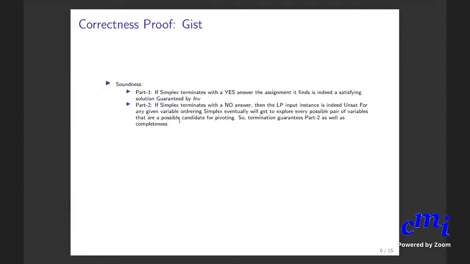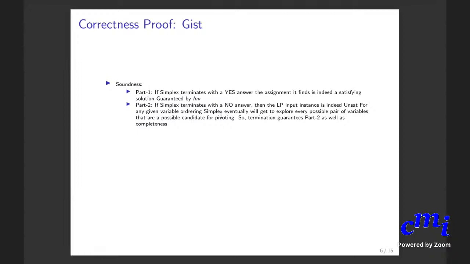Why the algorithm terminates, I will get to. That's a separate thing. What I'm trying to explain is why, when the algorithm terminates and says it is a failure, there indeed are no satisfying instances.